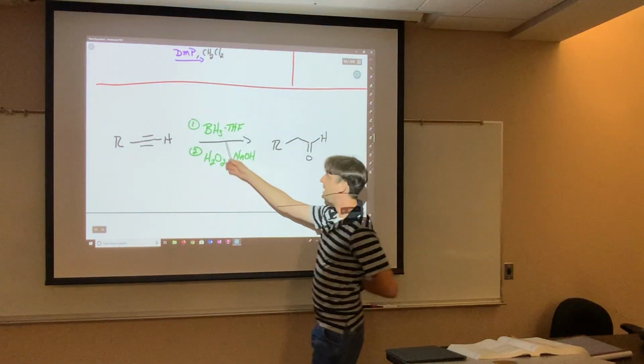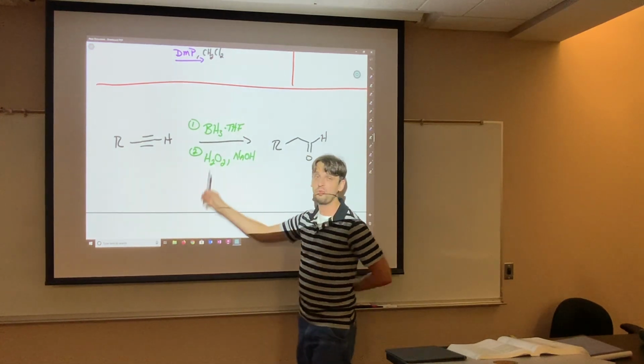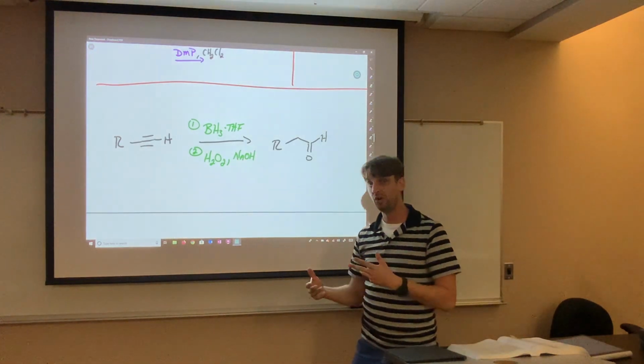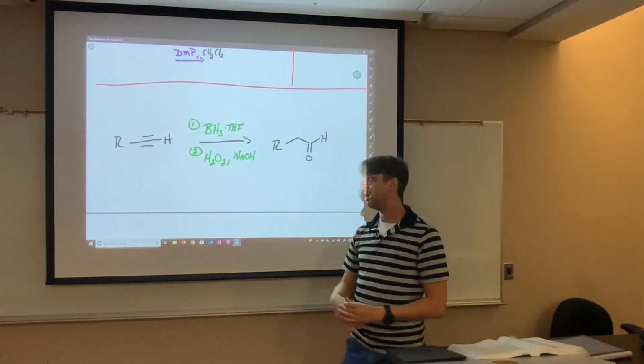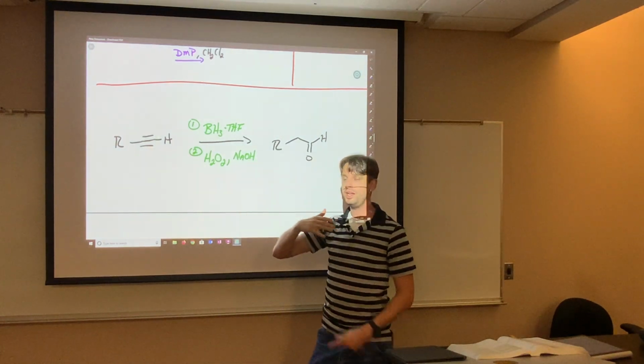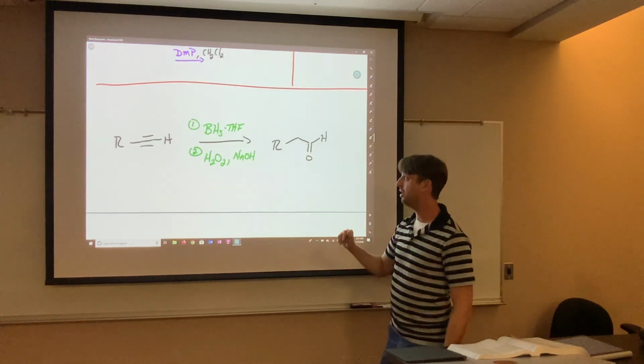Right? So hydroboration and then oxidation, okay? One of the most important reactions. Why? Because it's anti-Markovnikov addition of an alcohol. If we do anti-Markovnikov addition of an alcohol to an alkyne, it is going to tautomerize into the aldehyde, okay?